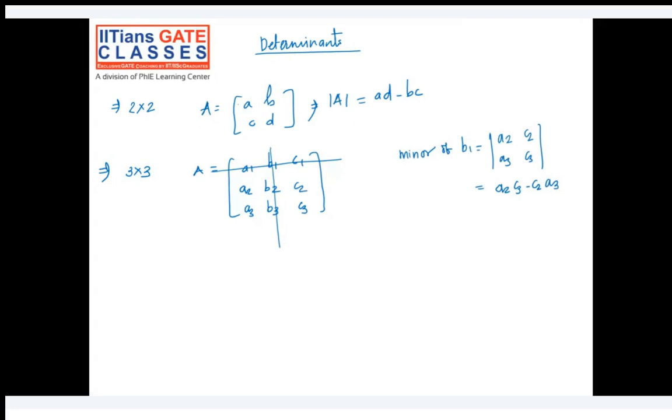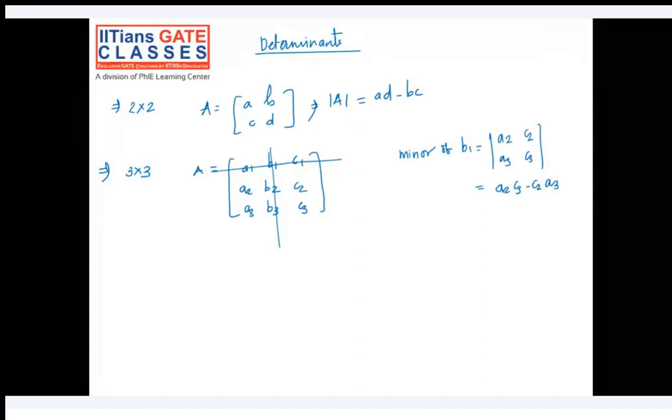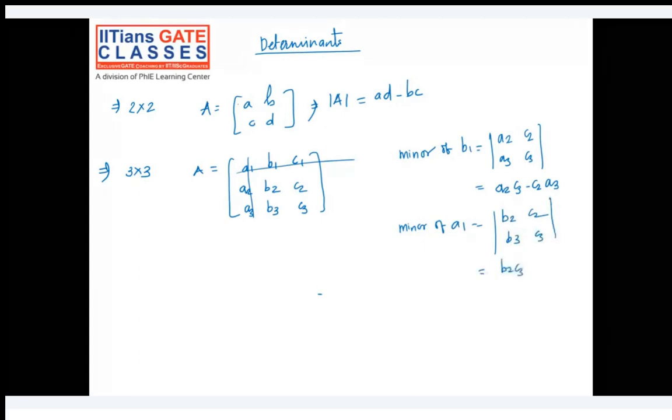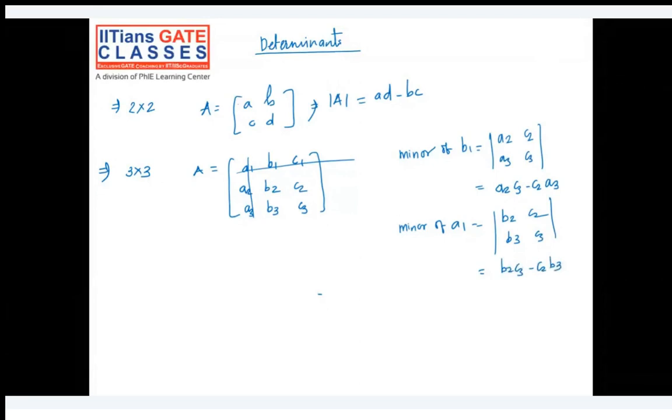So how will the minor of A1 look? Determinant of B2 C2 B3 C3. So it's B2 C3 minus C2 B3. Like this, we can calculate the minor of any term or any element.